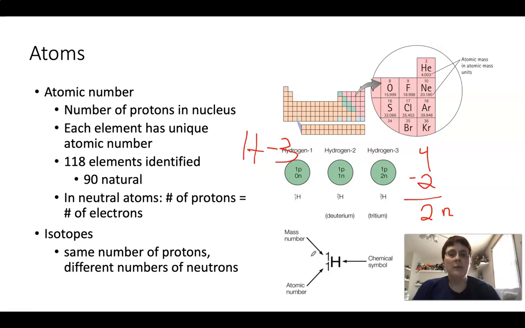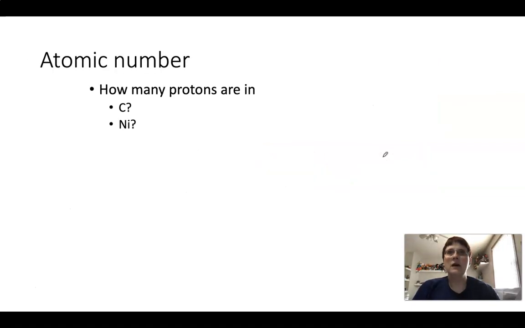We would look up and see that the atomic number for hydrogen is 1, and we would know that H3 is the mass, if it's given to us with that number. So 3 minus the 1 tells us that there are 2 neutrons in that version of hydrogen, which we can see here. Okay?